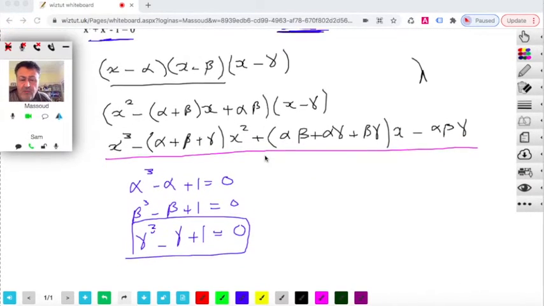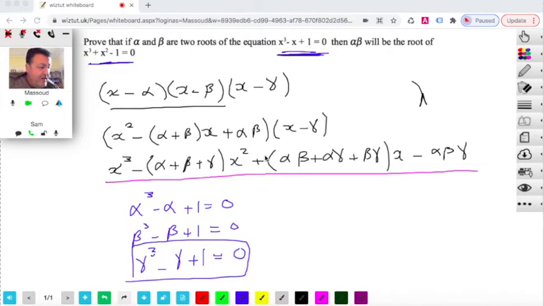But before we go any further, I'm looking at this section here and matching it with this section here. That tells me that minus alpha beta gamma is equal to 1, which tells me that alpha beta is in fact equal to minus 1 over gamma.